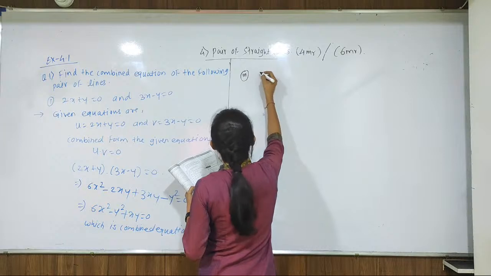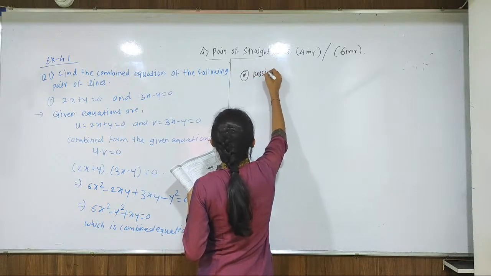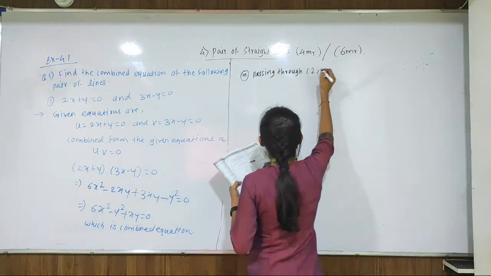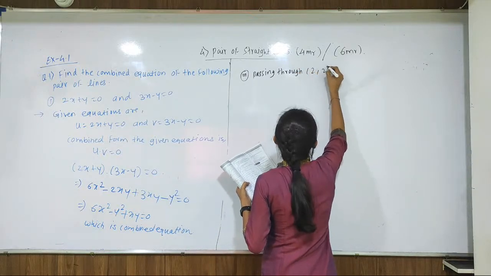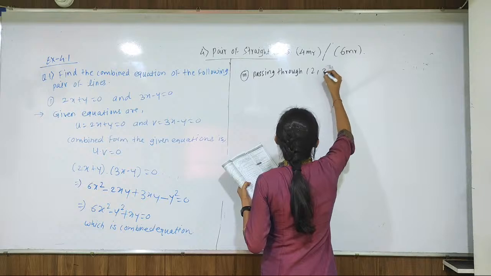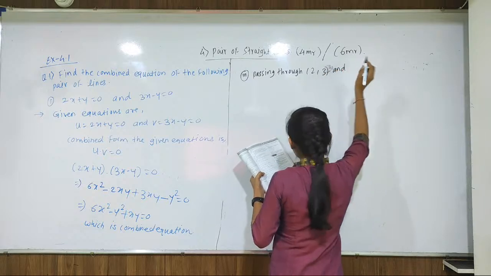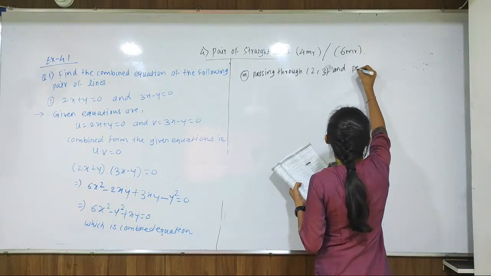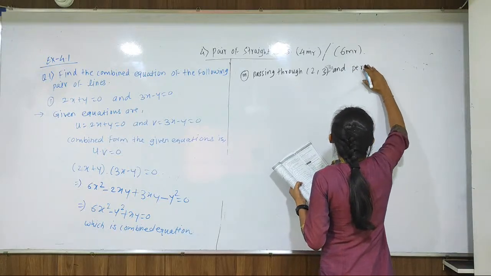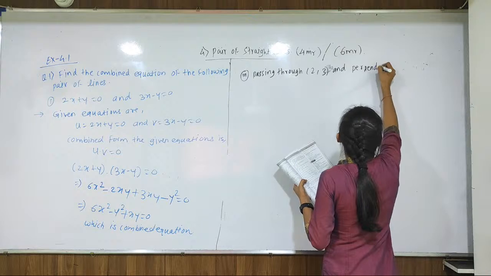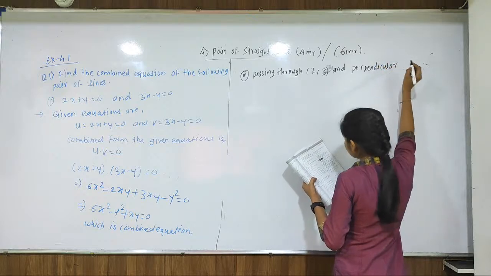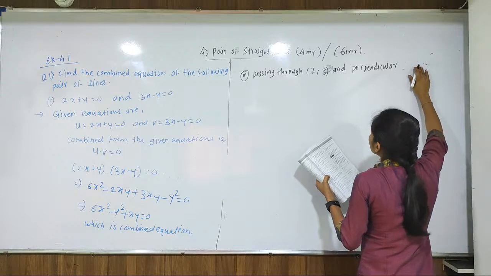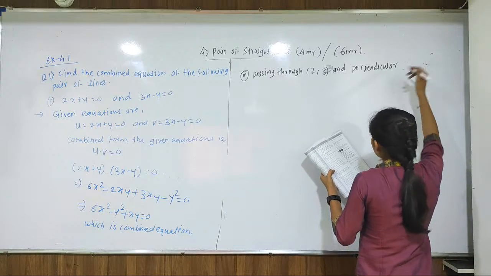The third is given: passing through 2, 3 and parallel to the coordinate axis.